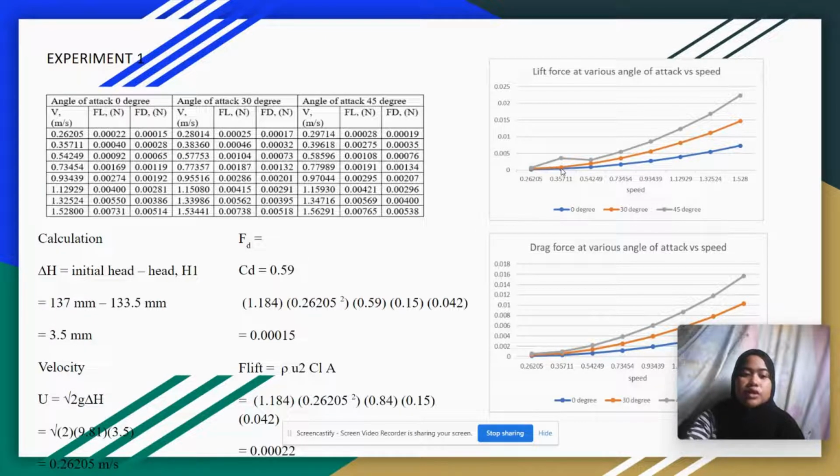To find the velocity, we need the delta H. To calculate the delta H, we are given the inertial head, and we minus the head to get the delta H. We substitute that delta H in the velocity formula and get the velocity. Then we can find the drag force and the lift force. After that, we fill up the table and plot the graph for the lift force versus angle of attack versus speed, and also the drag force versus angle of attack versus speed.